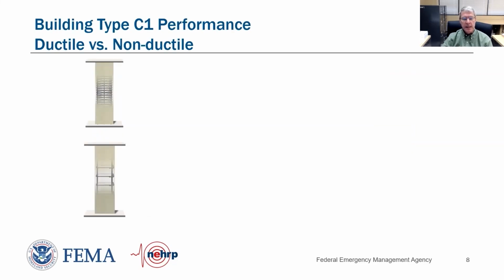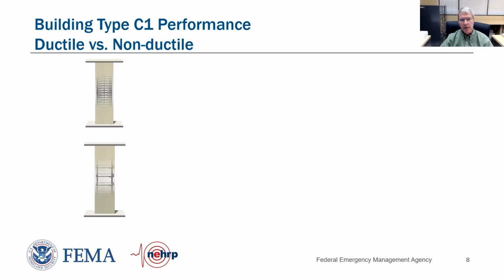For building type C1 performance, if we have older construction for concrete moment frame buildings, like we discussed in the previous modules, we've got ductile behavior, and then we also have non-ductile behavior. If you recall, ductility is the ability to undergo significant deformation without collapse.